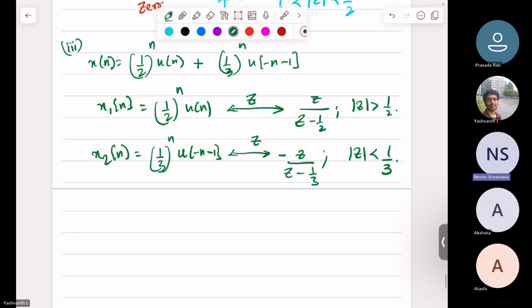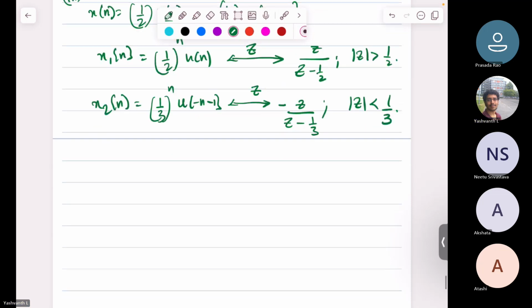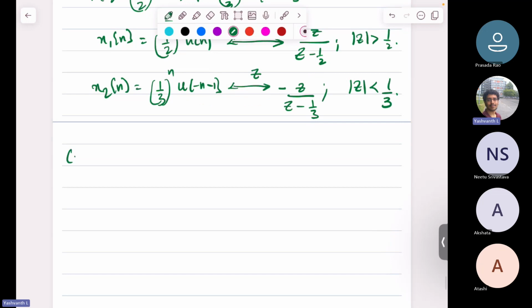It will not exist. Correct. This signal will not have any z transform, because I cannot find even one point where X of z converges. X of z does not exist.